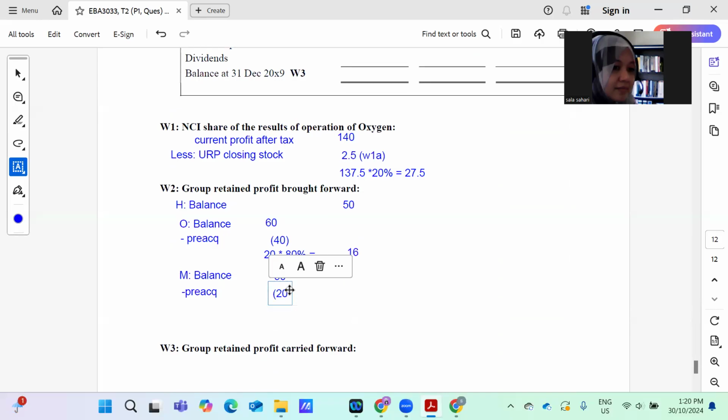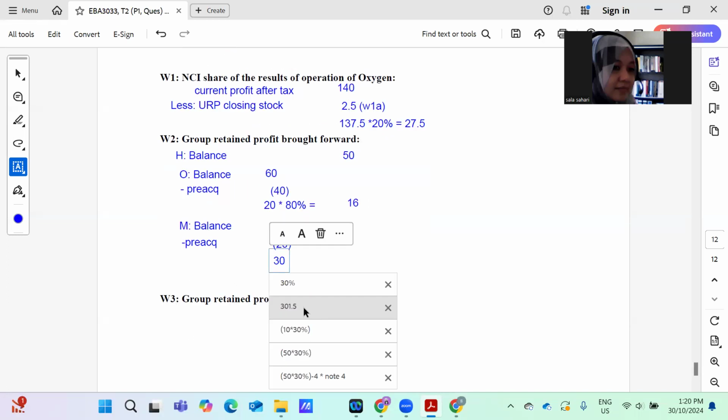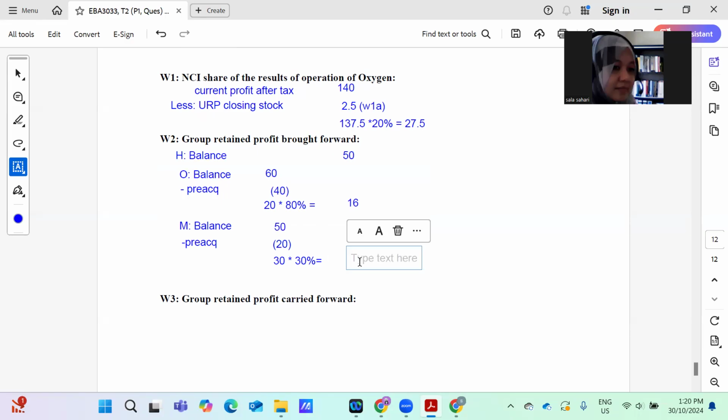So you got 20,000 differences. So you will get the figure of 30,000, right? But how many percent only? Only 30% significant influence, right? So you will get the answer of 9. Just multiply, then you total up all, then you will get 75.